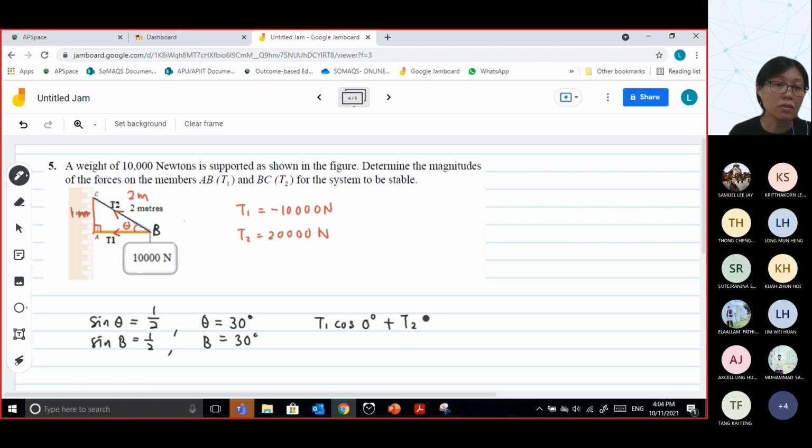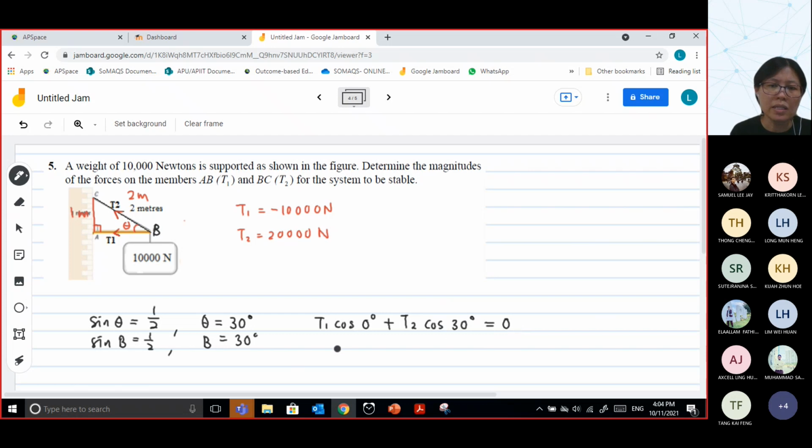So T2 will be cos 30 degrees, equals to what? Can you see we have nothing else at the right hand side? So I put a 0 there.